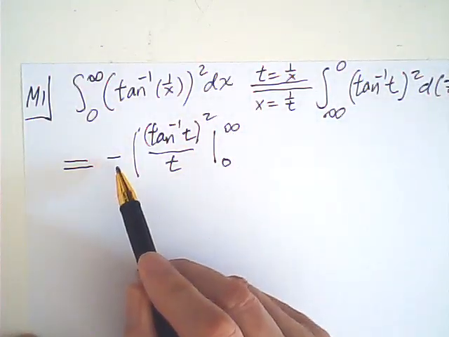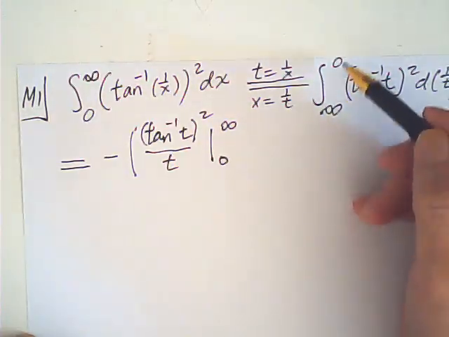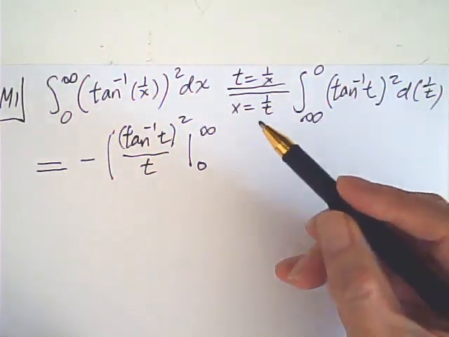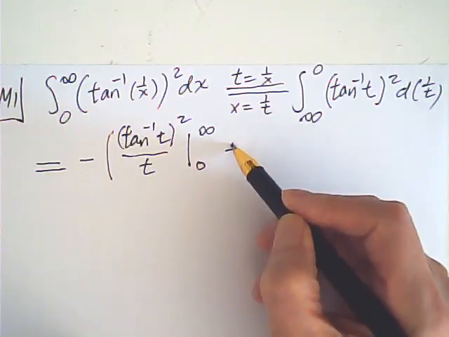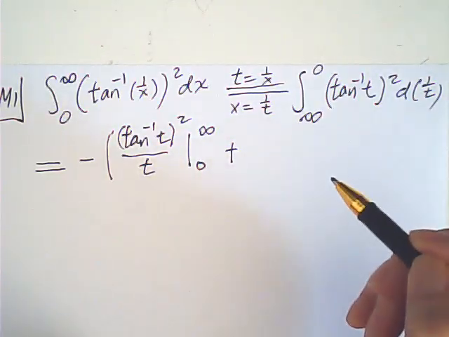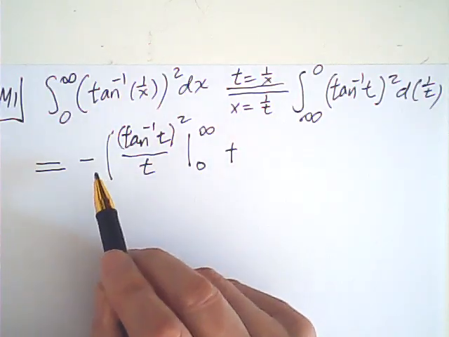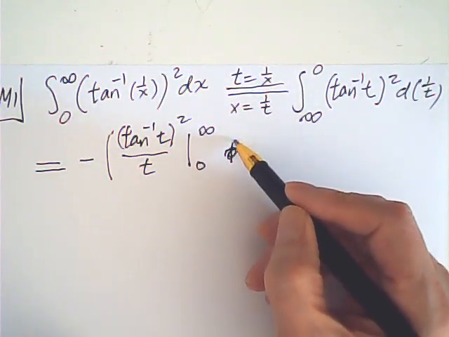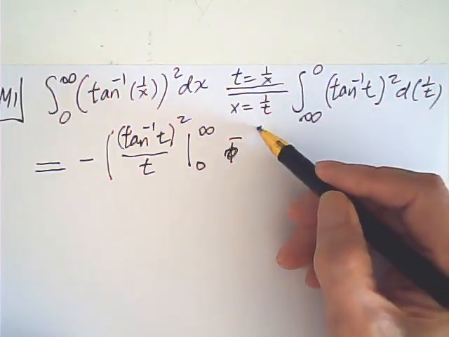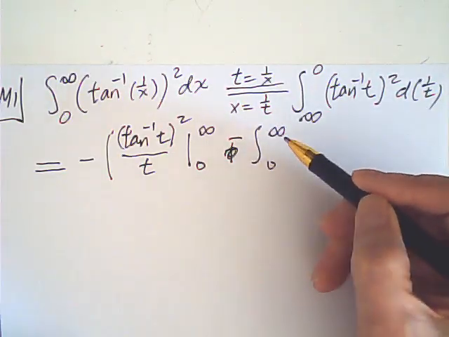I use this negative to switch the order. Then minus becomes plus. Well, I take it out, right? This is a minus. Sorry. Minus v du.